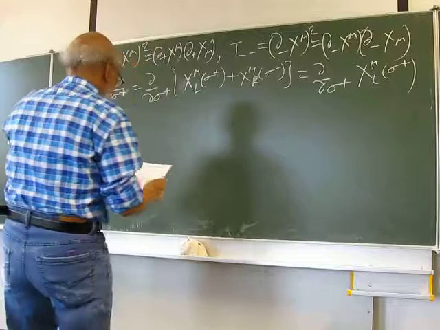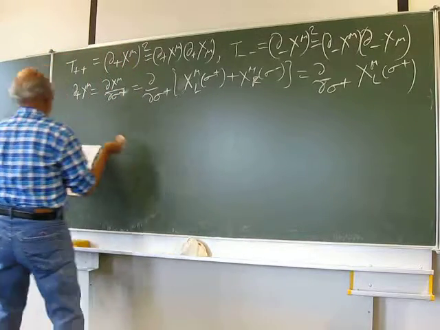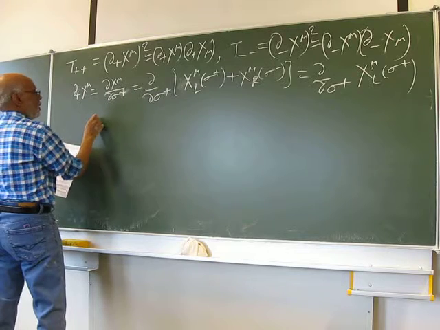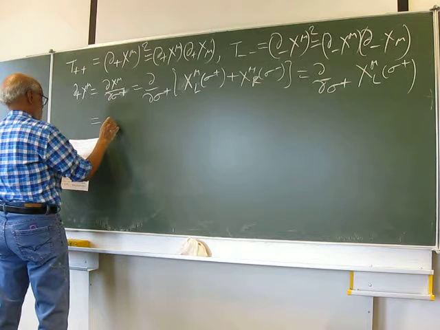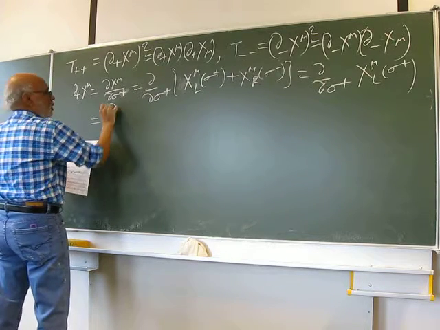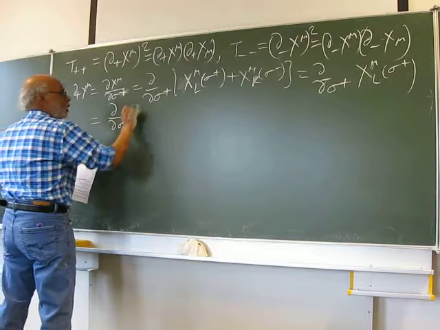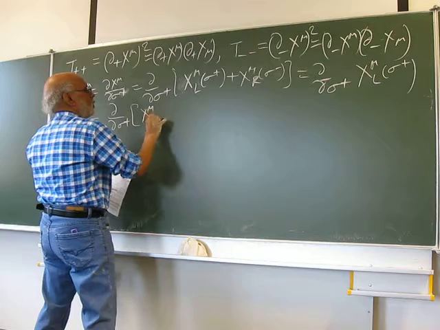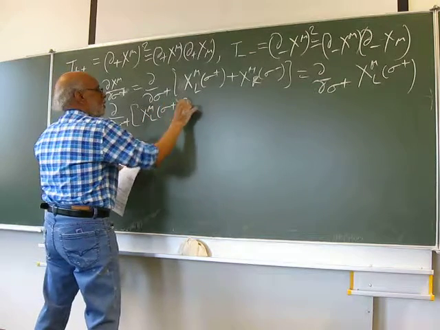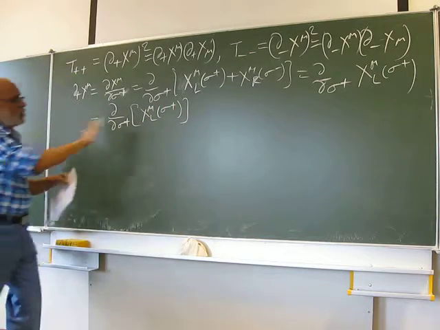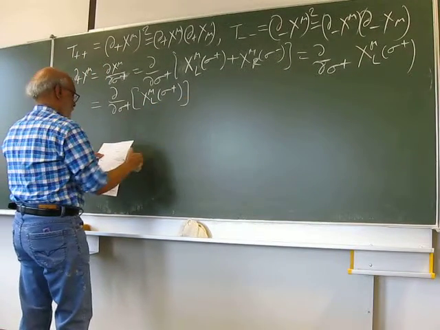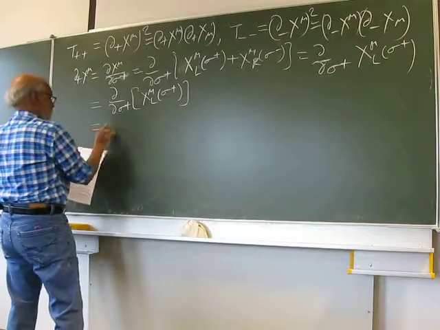So what we can have is del over del sigma plus of x mu L of sigma plus, just this. And so I assume that we write down the expansion.